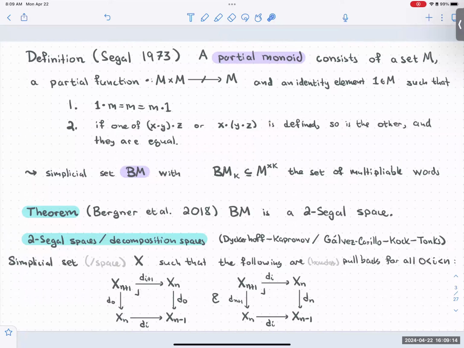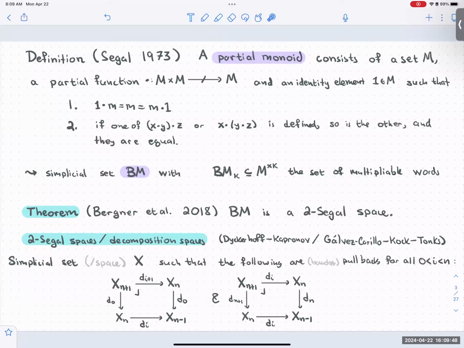So a theorem of Bergner, Asorno, Azarova, Ravelli, and Scheinbauer says that this is a two-Segal space. So it's not a nerve of a category because I can't multiply anything that I see. But it satisfies something that you may have heard about from Walker, I'm not sure, which is this two-Segal condition.